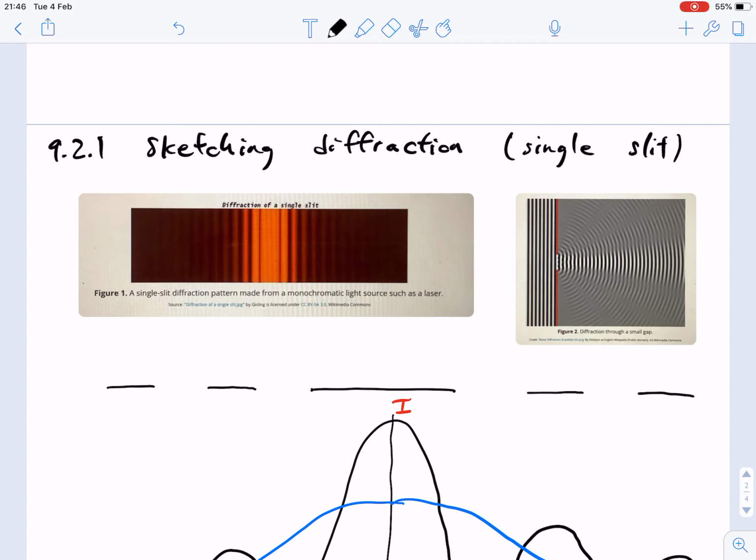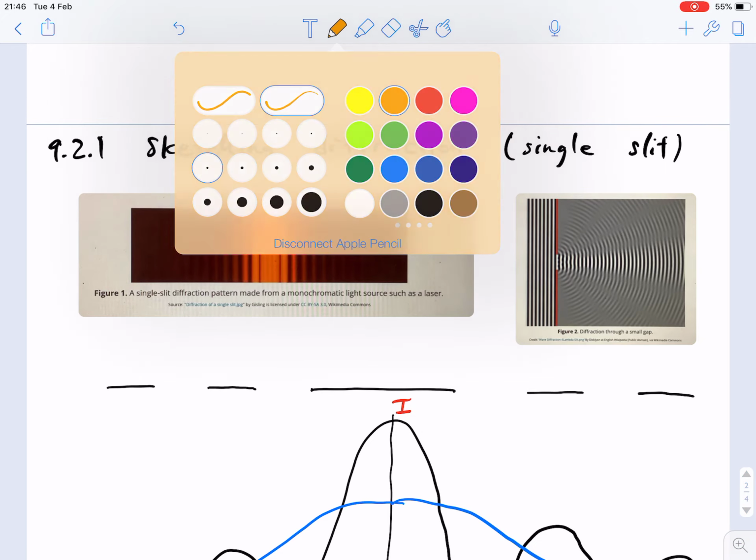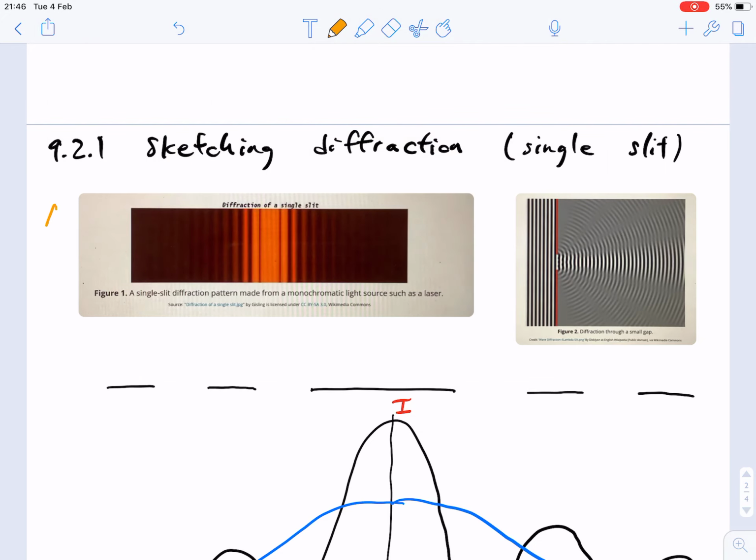So when we're sketching the diffraction patterns, these are the two most common ones that you may be asked to sketch.